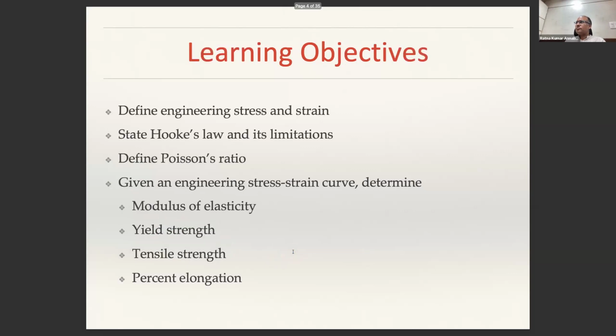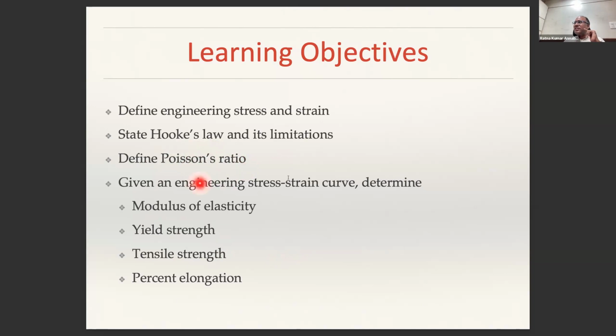In this module, our objective is to be able to define what is engineering stress and engineering strain, and what is true stress and true strain. We will state Hooke's law and its limitations, and define a very important property called Poisson's ratio.